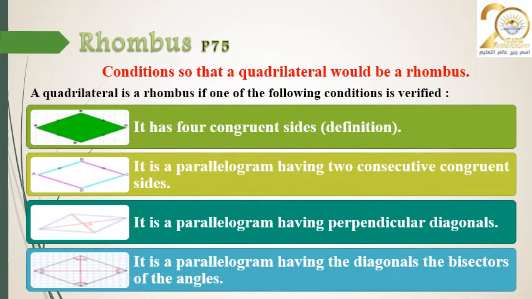And also, it's a parallelogram having the diagonals as the bisectors of the angles. If the diagonals in this quadrilateral are cutting the angles into two equal parts, then they are bisectors of the angles. Then we can say that this quadrilateral is a rhombus.